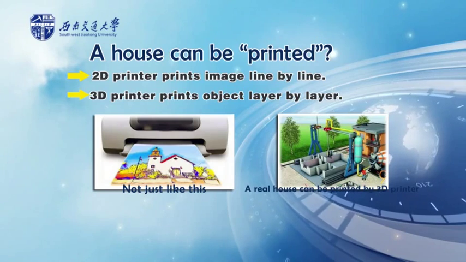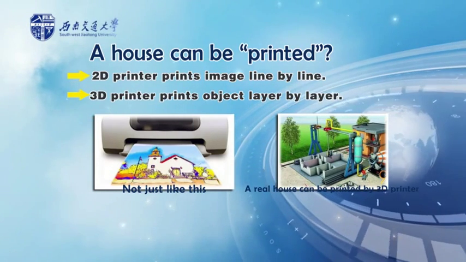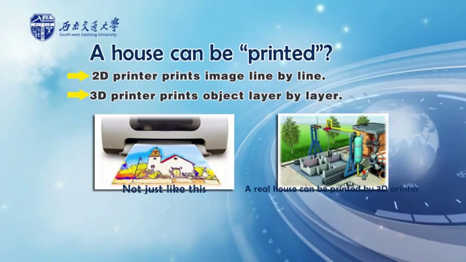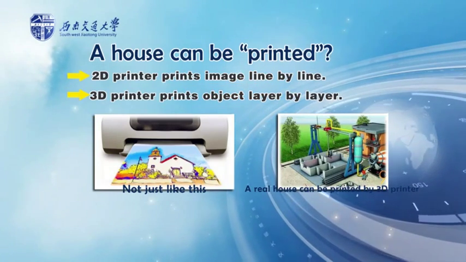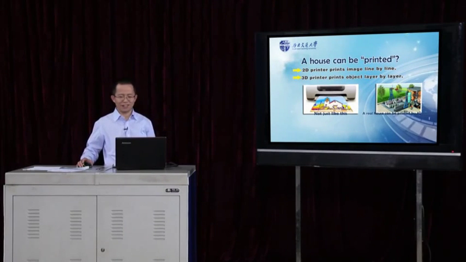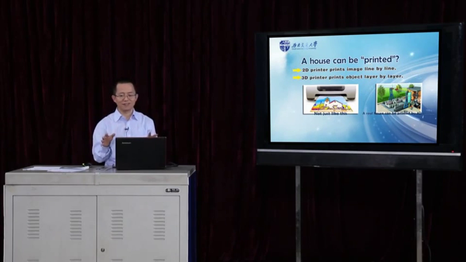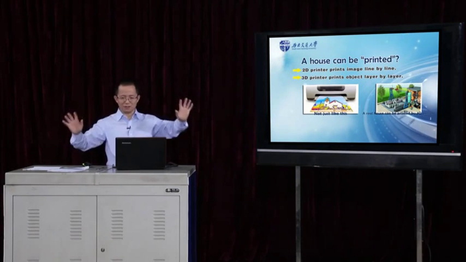Finally, can you print your house in the future? It may be possible. You design your home, your dream house, on your computer and print it out on a paper. But in the future, I don't know how many years from now, you may be able to print it out on a big 3D printer.